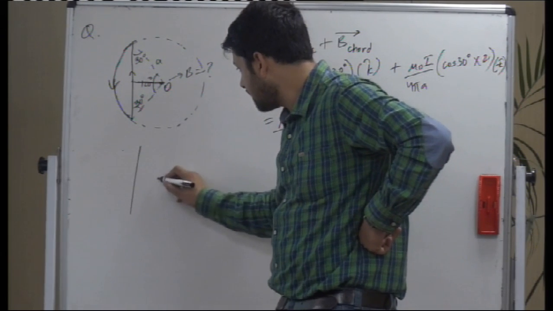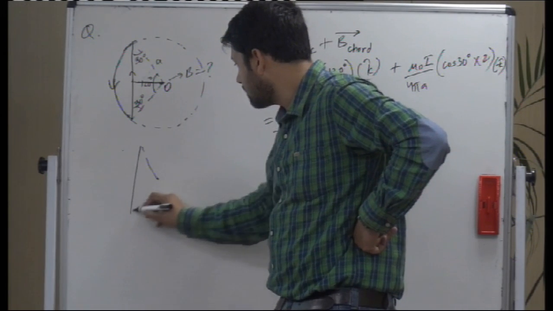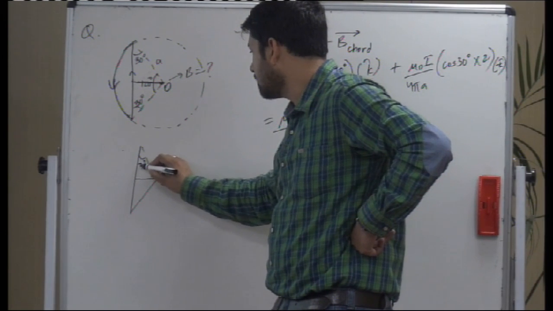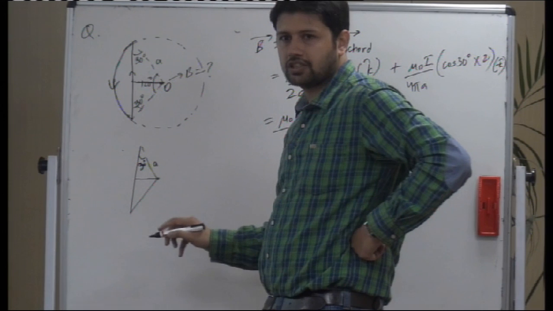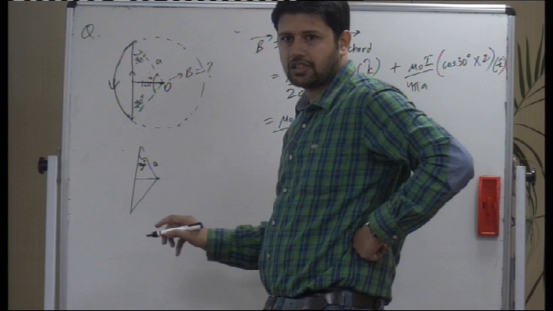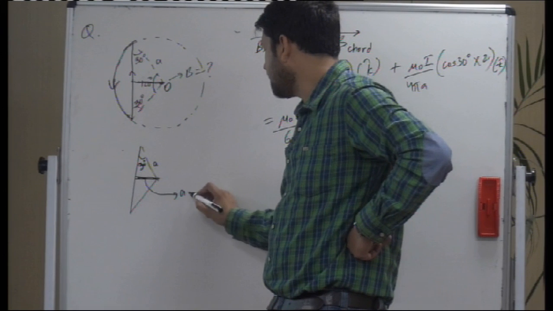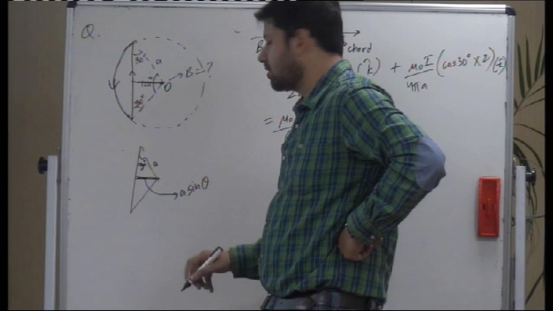So it is like this. The angle here is 30 degree. This is A, and this horizontal portion would be A sin theta. Why? Take the smaller triangle.